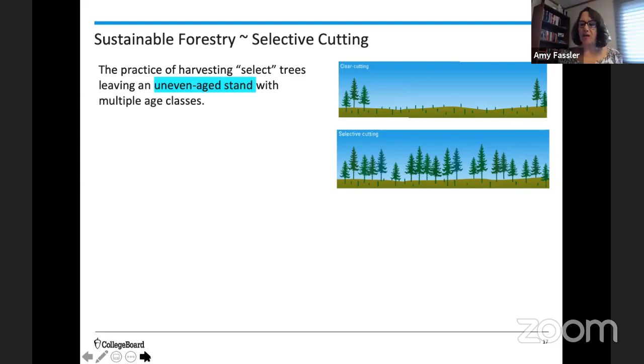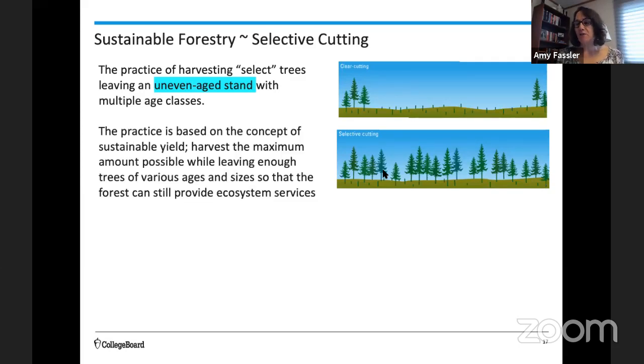And I'm going to want to make sure I have an uneven age stand or a multi-age class stand left. In our simple diagram here, there might be different trees of different ages and sizes or different species, so that I am still fulfilling all the ecosystem services of that forest.